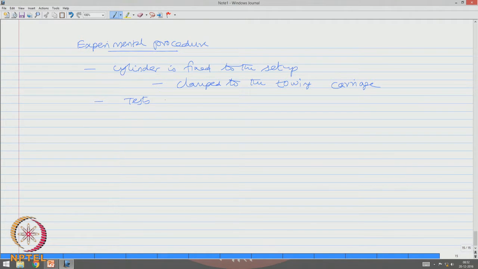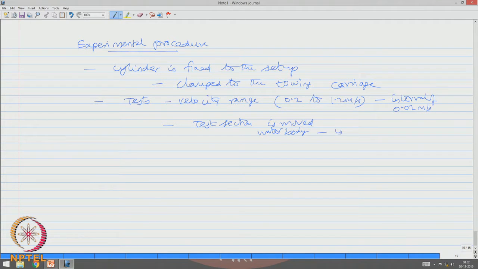Tests are carried out in the velocity range 0.2 to 1.2 meter per second at an interval of 0.02 meter per second. It is very interesting to note that the test section is moved and the water body or the fluid medium is kept stationary.